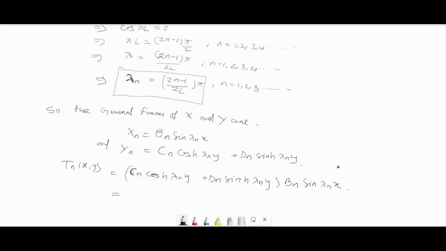Or we can write it as bn cn cosh(lambda n y) plus bn dn sinh(lambda n y), into sin(lambda n x). Clear?